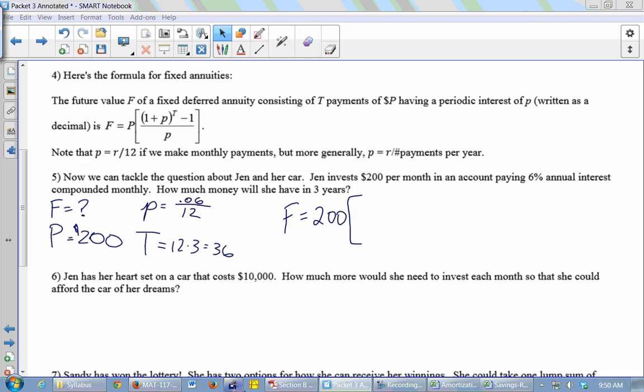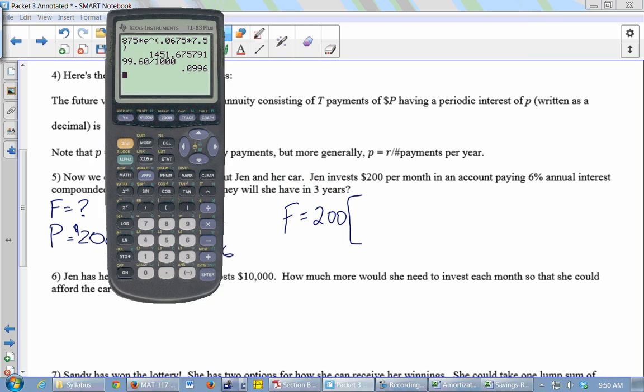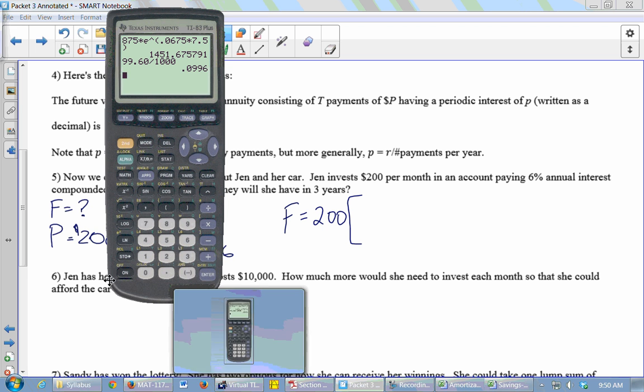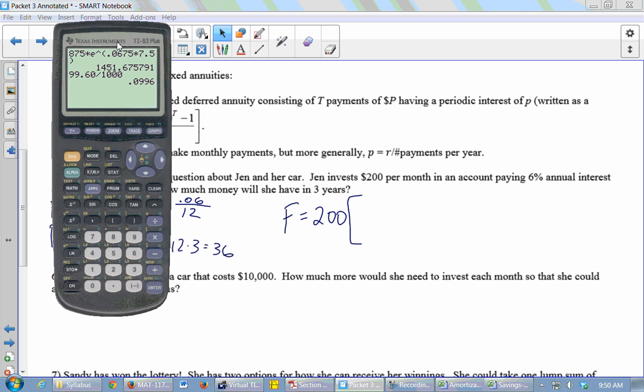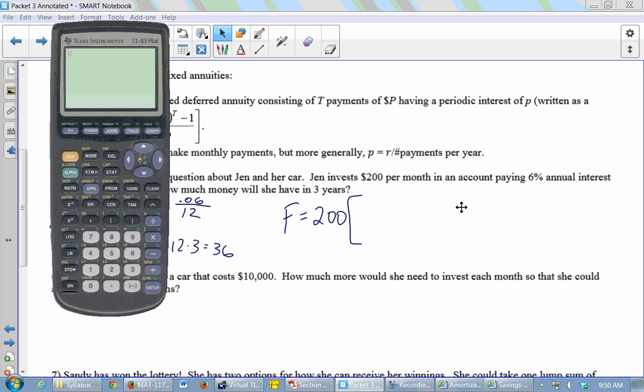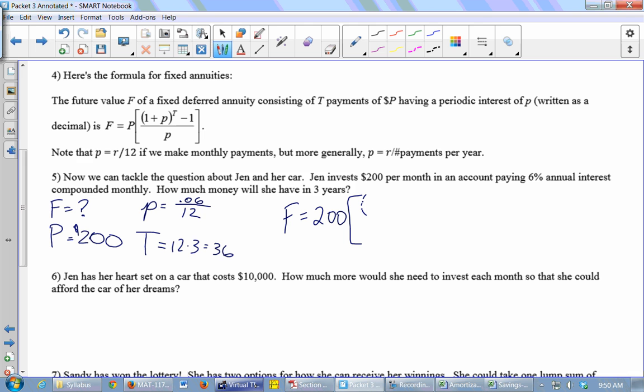Let's calculate what little p is. 0.06 divided by 12 is 0.005. Okay, so next I have 1 plus 0.005 raised to the T, which is 36, minus 1, over 0.005.